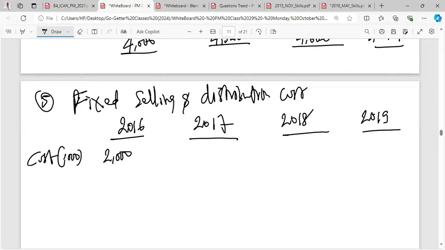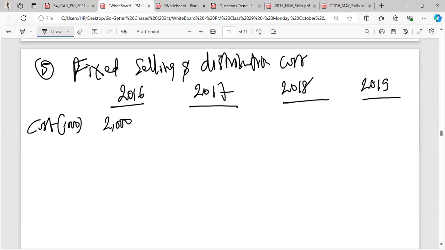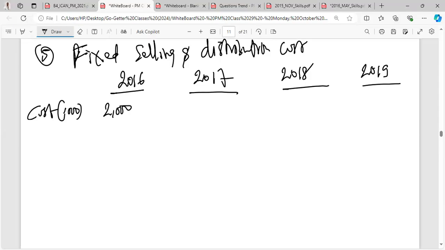Need to remove three zeros here. Consistency, costs, inflation. You get to find it.